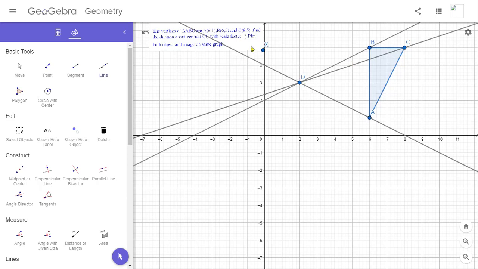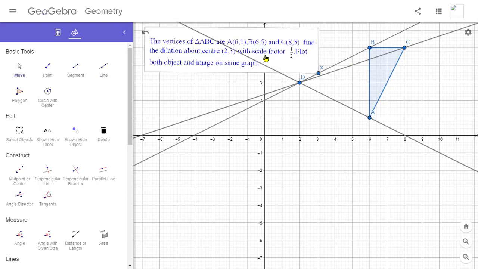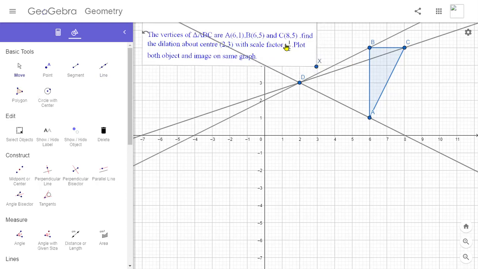And the next step is, let me read the question once again. Here the scale factor is 1/2. Okay, the scale factor is half. We have to measure the distance from the center of this dilation to each vertex. Let me take the first vertex A. We have to measure the length of DA, and then take half of that DA.